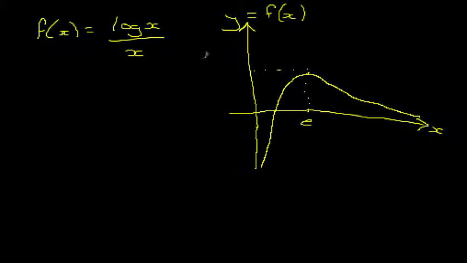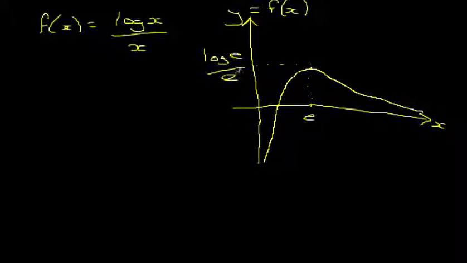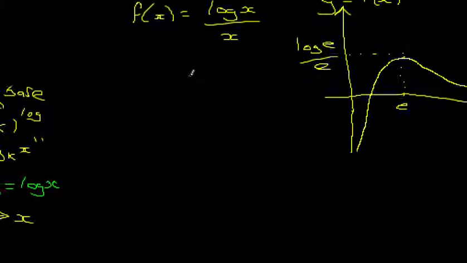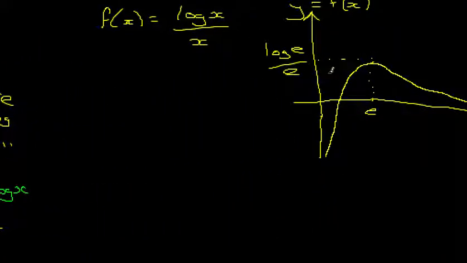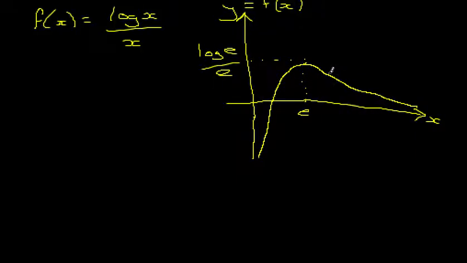So this is f of e, which is log e over e. Well, this looks kind of familiar because this is what came up here. And the other value we're interested in is where x is about pi. So let's say pi is about there. So this value here is log pi over pi.